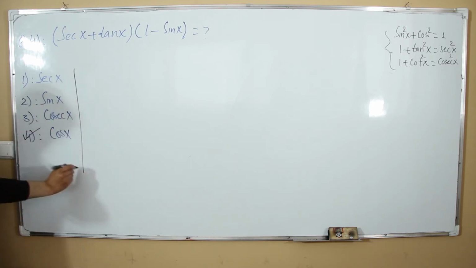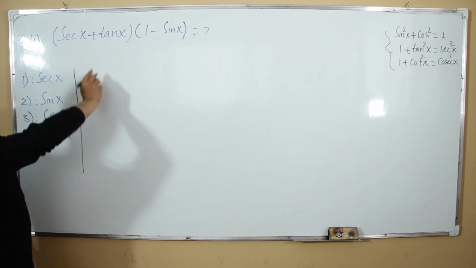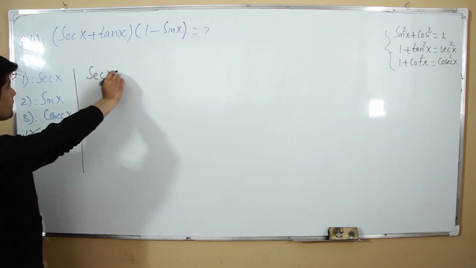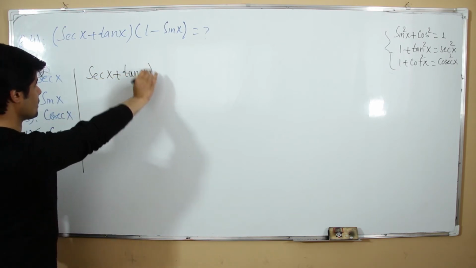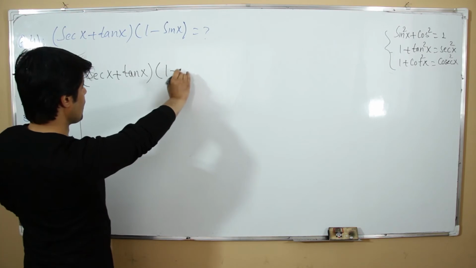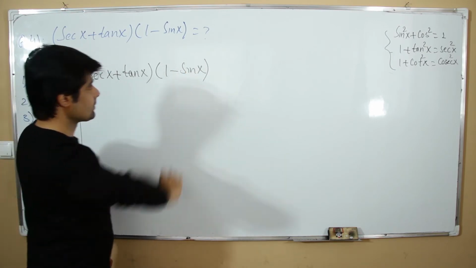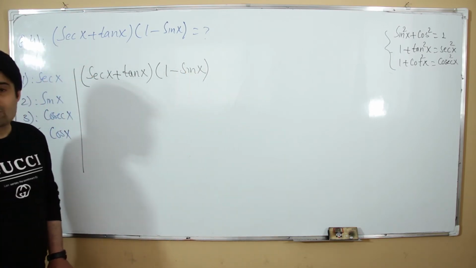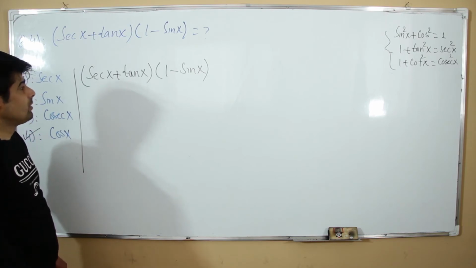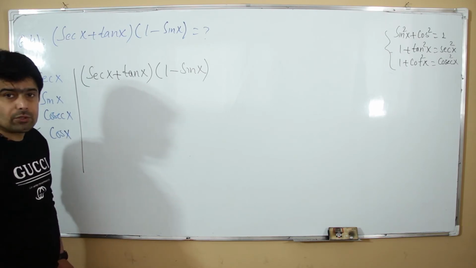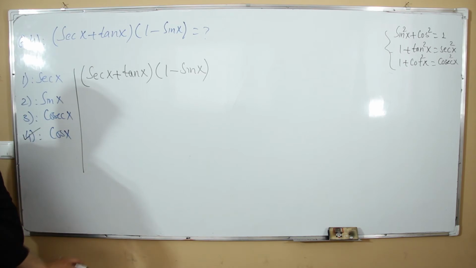Okay, how? Listen. Once again, I will write secant x plus tangent x, 1 minus sine x. Now, you have a mix of the trigonometric ratios. So, change it to sine and cosine.